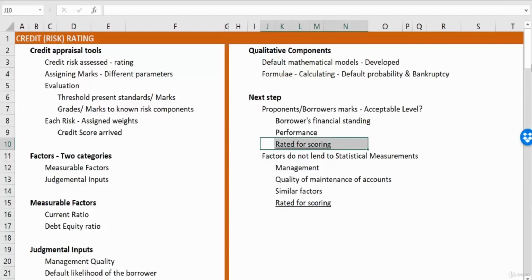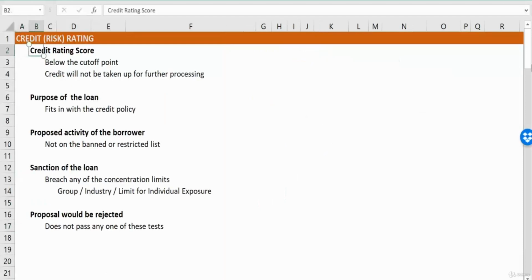And not only these factors, there will be some factors which will not lend themselves to statistical measurement, like management, the quality of maintenance of accounts, and other similar factors. Even those factors will be rated for scoring, and only then will the borrower's marks be arrived at. Next, if this credit rating score happens to be below the cutoff point, then the loan proposal will not be taken up for further processing.